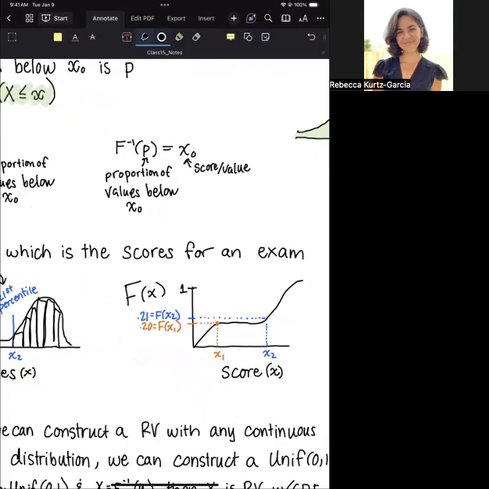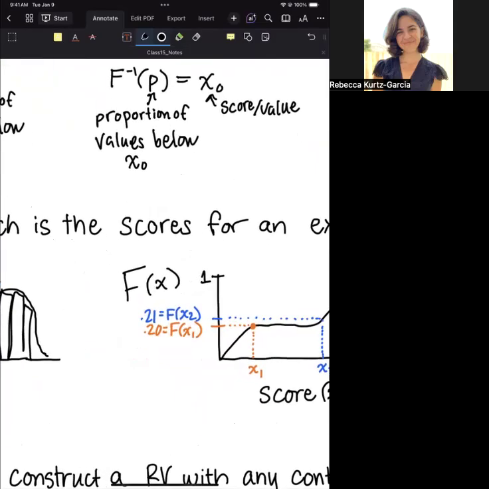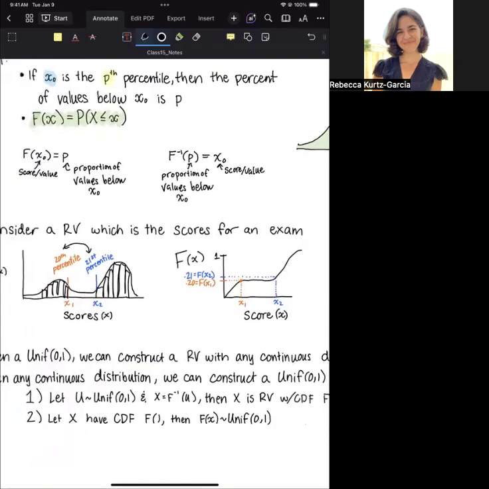It's quite cool that everything that pops out of the CDF function is a proportion of values, right? The proportion of values below some threshold, and it's going to be uniformly distributed, all these values you can have on the y-axis.